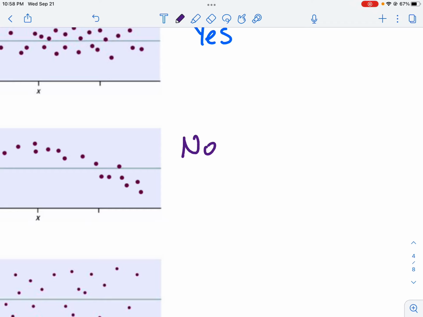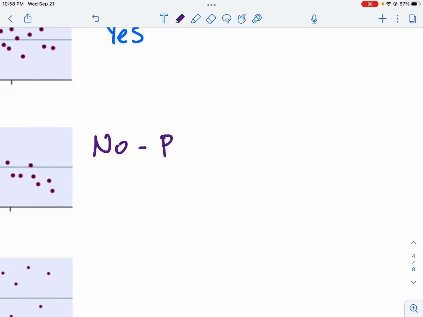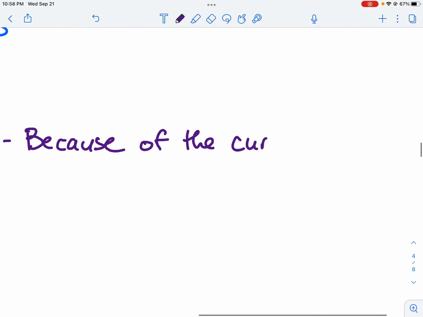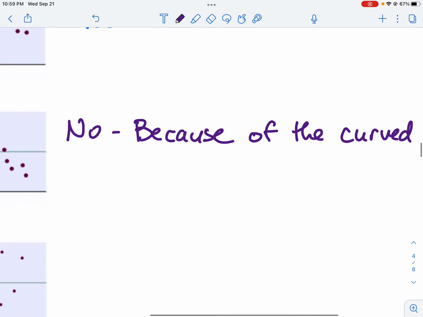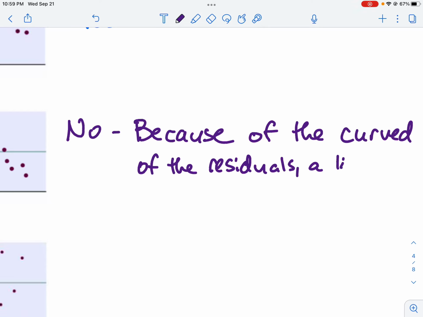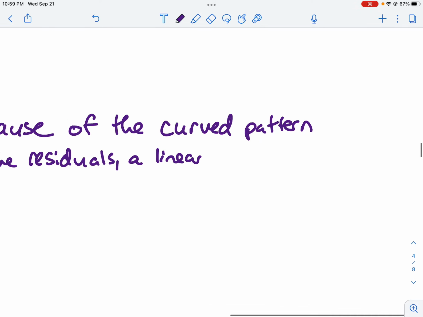So, no, a linear relationship is not appropriate. And we comment on that: because of the curved pattern of the residuals, a linear model is not appropriate.